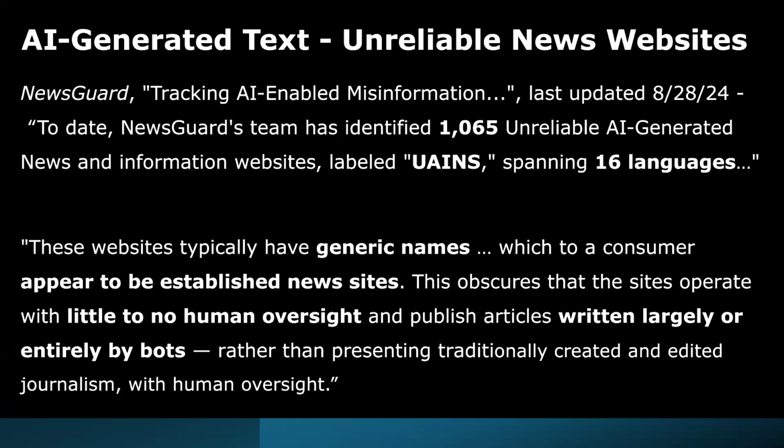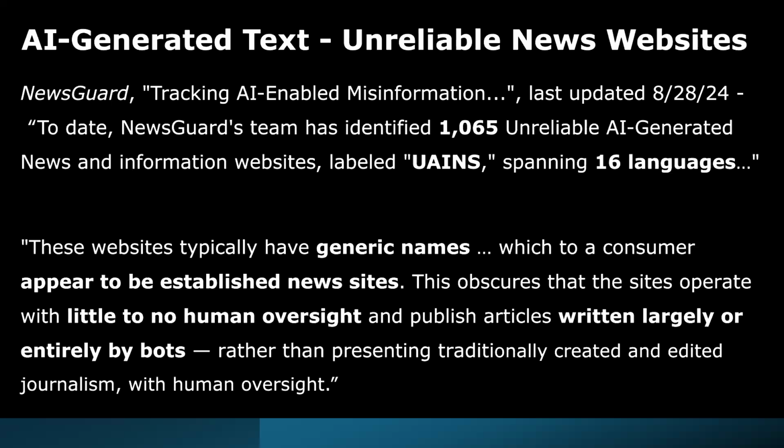Quote, to date, NewsGuard's team has identified 1,065 unreliable AI-generated news and information websites, labeled WANES, spanning 16 languages: Arabic, Chinese, Czech, Dutch, English, French, German, Indonesian, Italian, Korean, Portuguese, Russian, Spanish, Tagalog, Thai, and Turkish.